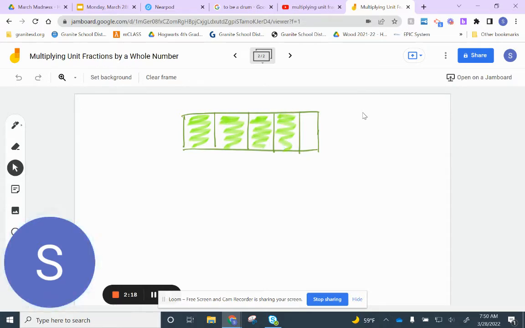Our multiplication sentence for this is 4. And what do you think the answer is? So we have a whole number times a fraction. What do you think the answer is? So pause the video. You're going to answer what you think the answer is, and then I will give you the answer.